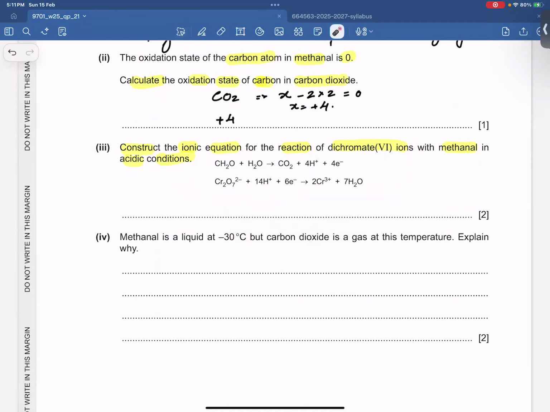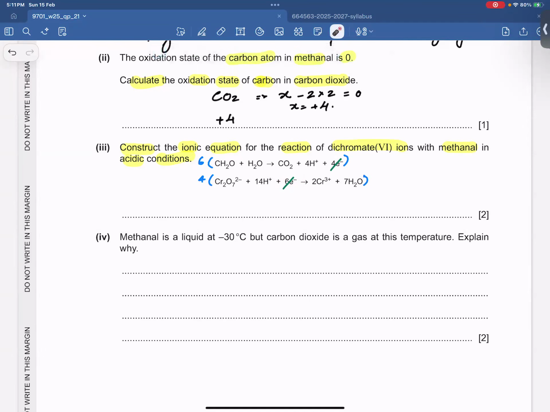We have 4 electrons in reaction 1 and we have 6 electrons in reaction 2. So we need to multiply 6 with this equation and 4 with this equation to get the number of electrons balanced. As soon as the number of electrons are balanced, we need to cancel them out.